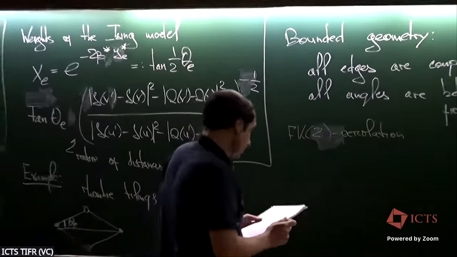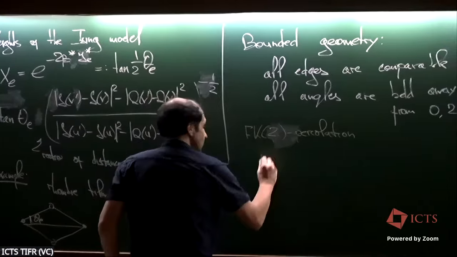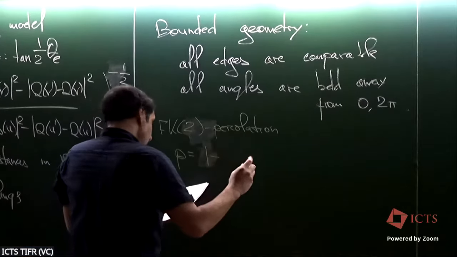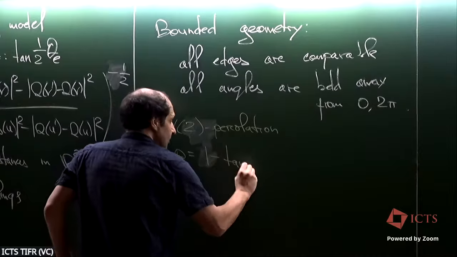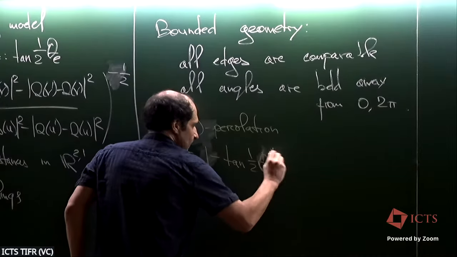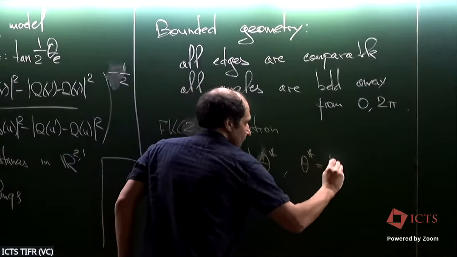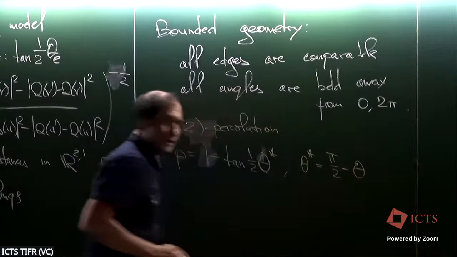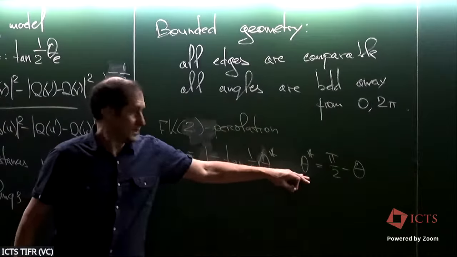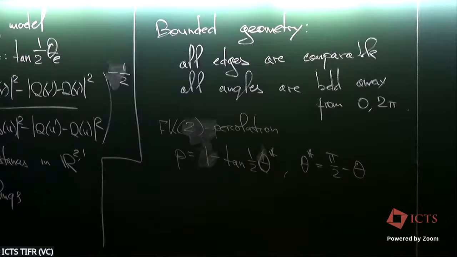And the answer is 1 minus tangent 1/2. I believe it's correct. And that's again this passage to theta star, because my model is defined on faces rather than on vertices. So that's the result.